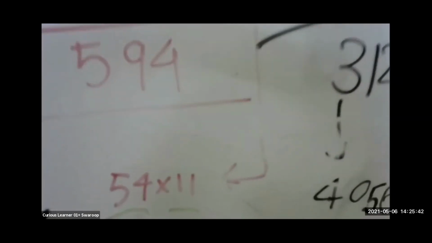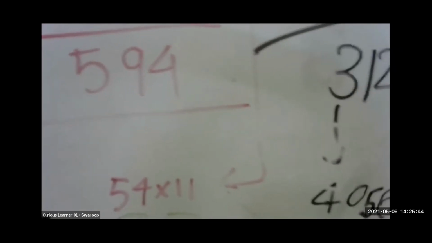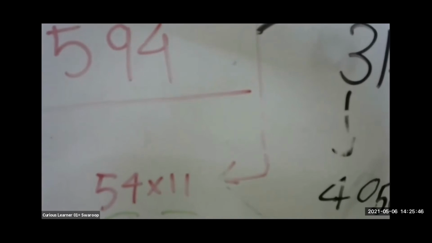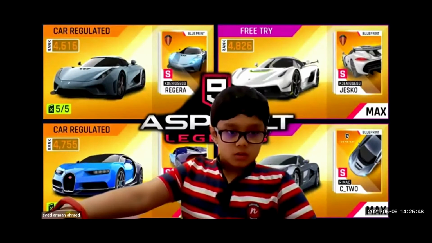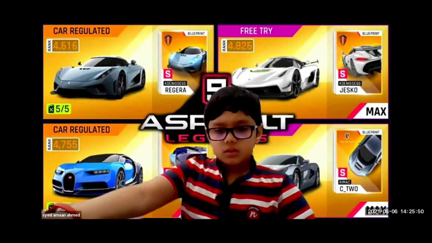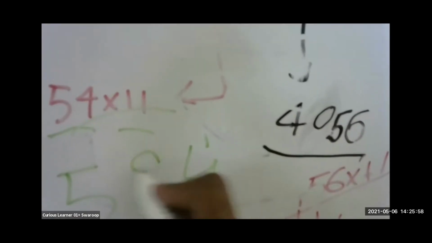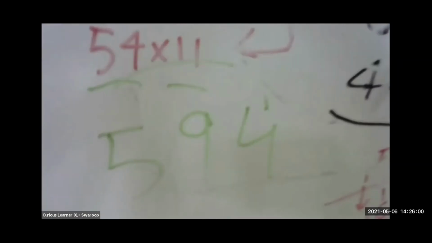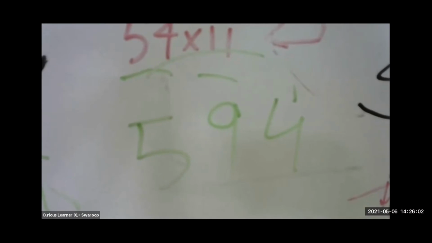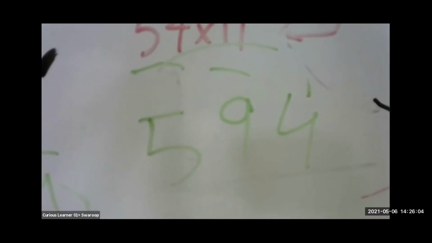Now you can tell me immediately, 54 multiply 11, how much? 5, 4, and insert 9 in between. 594 is the answer.